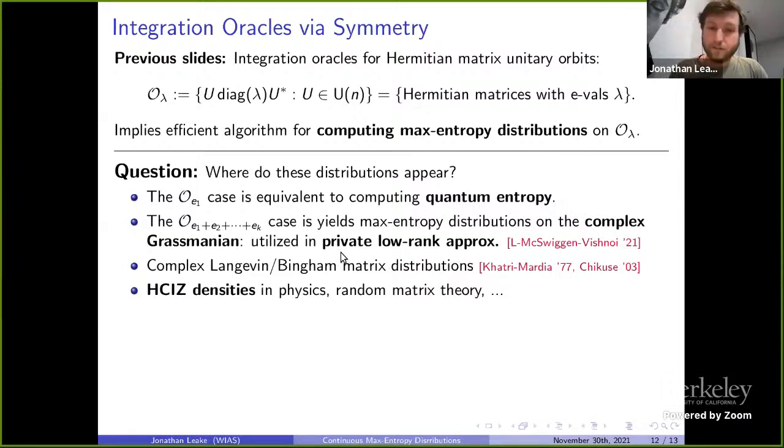But also these are utilized in certain low rank approximation algorithms, especially when you care about privacy. Essentially, this is a part of our later work with Colin, and so maybe I'll let him talk about this.